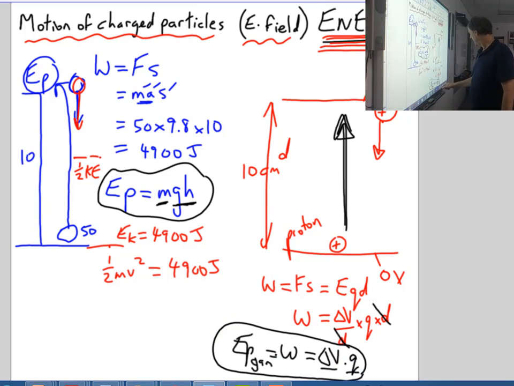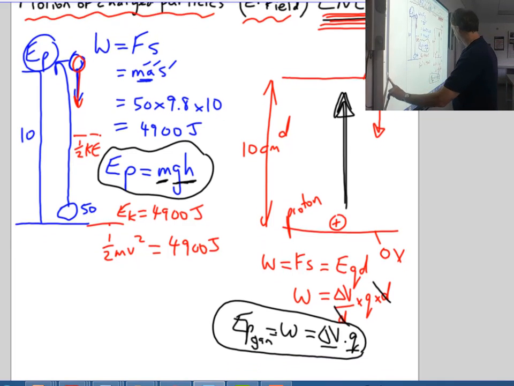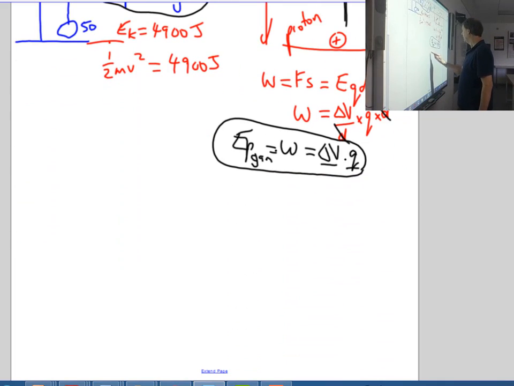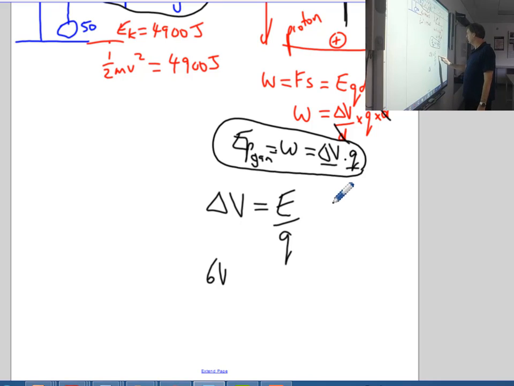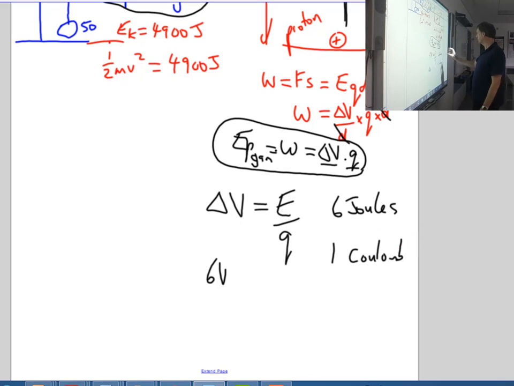Before I do, if you take yourself back a bit further in your unit of electricity, there was a definition for potential difference or voltage. We said it was the amount of energy supplied to a given quantity of charge of, say, a coulomb. 6 volts meant that we supplied 6 joules of energy to each coulomb of charge when we did electricity last year. So 6 volts means 6 joules per coulomb, 12 volts means 12 joules per coulomb, and so on.